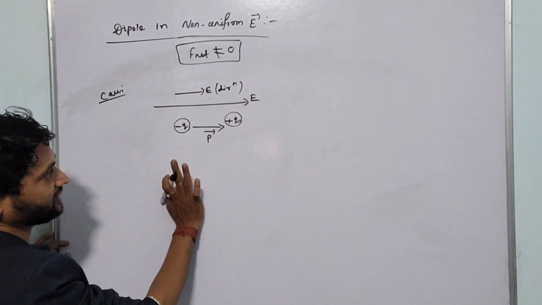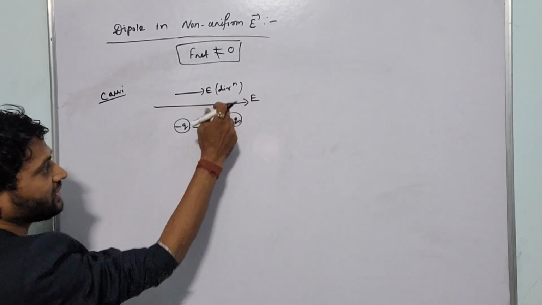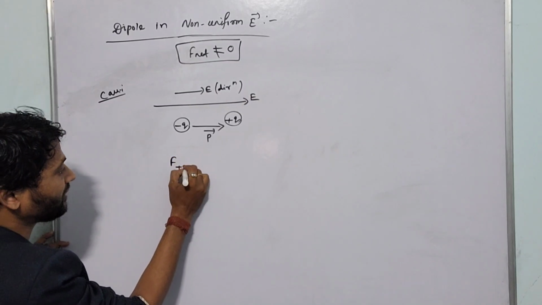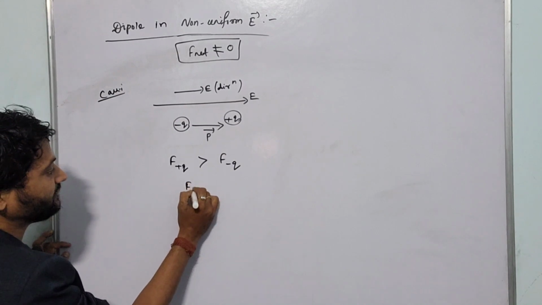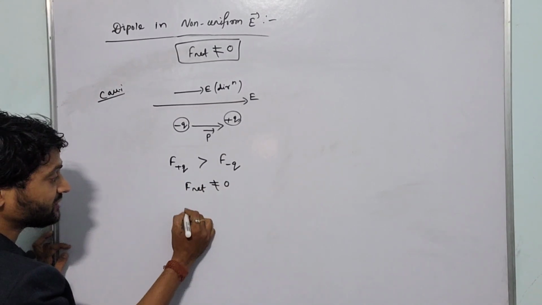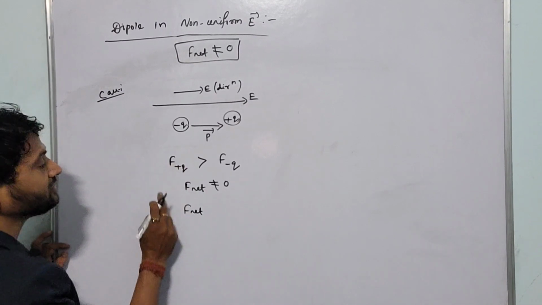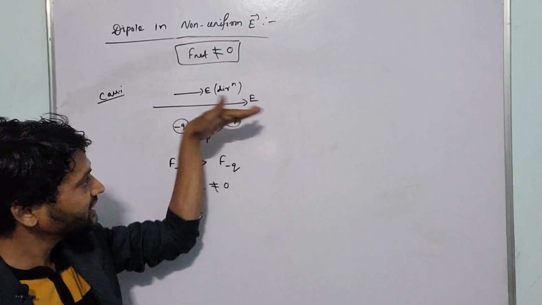Since the field is different, force will be different, क्योंकि यहाँ पे field कम है, यहाँ पे field ज़्यादा है, मतलब force on plus q charge will be more than force on minus q charge. That means net force is not equal to 0, and the direction of net force is towards the electric field.